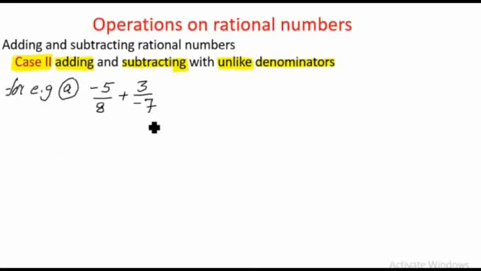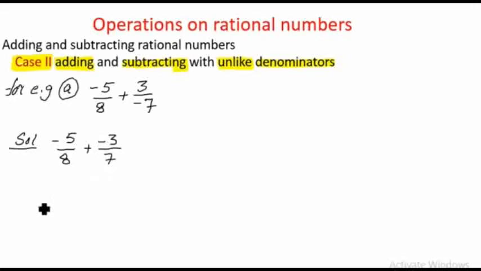Here the denominators are unlike terms. So first we write minus 5 upon 8 plus minus 3 upon 7. Now this is in standard form now. Now you can see here 8 and 7 is the denominator.